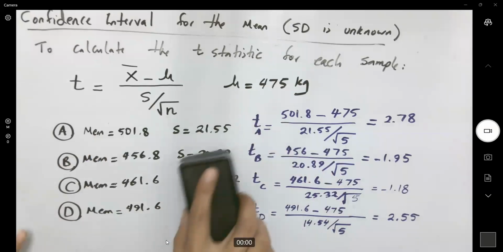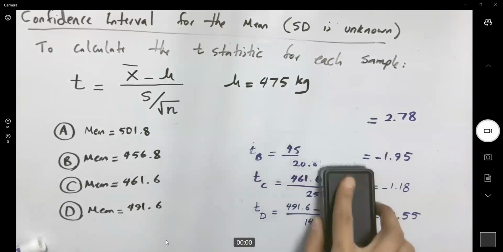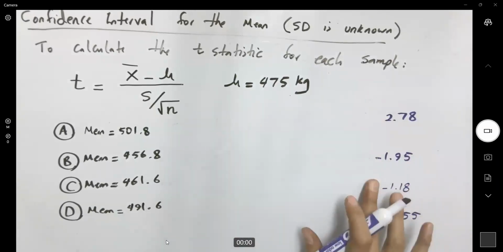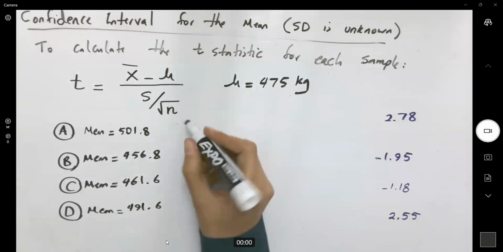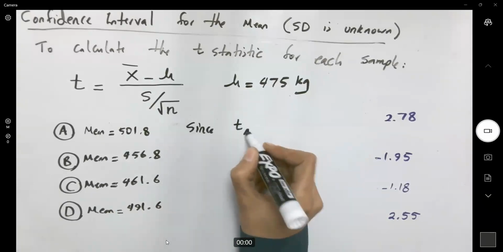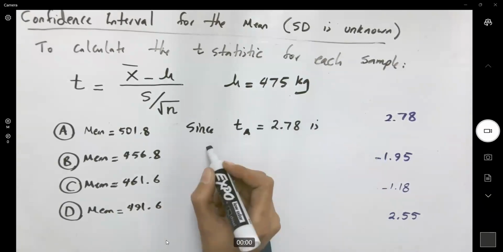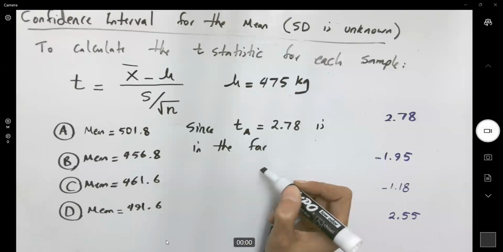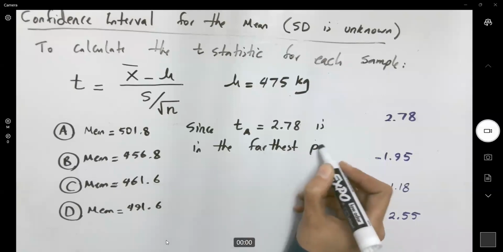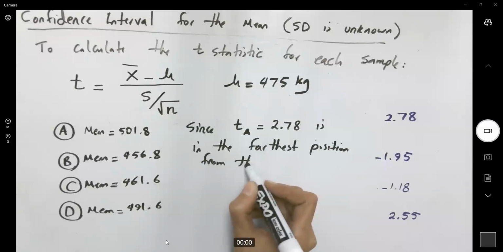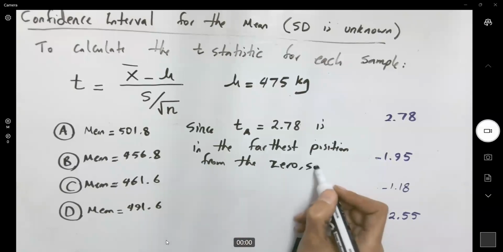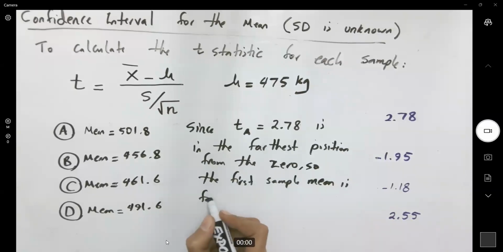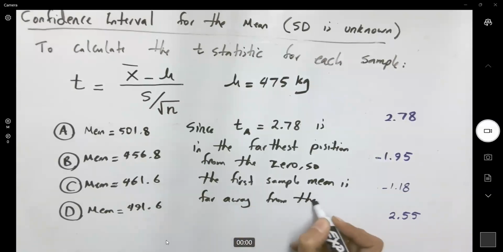So you can write, since T of A is equal to 2.78 is in the farthest position from 0, the first sample mean is far away from the population mean.